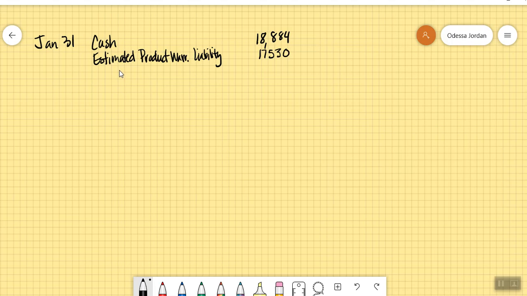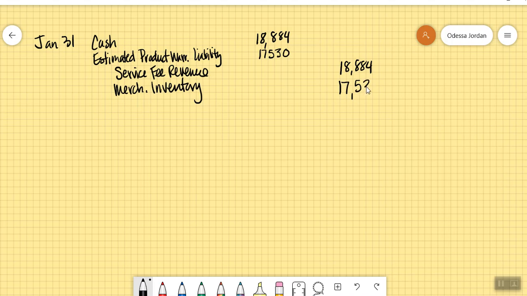So then we have to factor in that service fees revenue that we earned, and that's the 18,884. And then merchandise inventory reflects the 17,530 that we used to record repairs and related revenue.